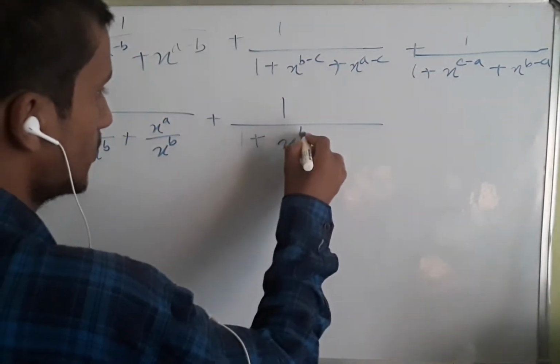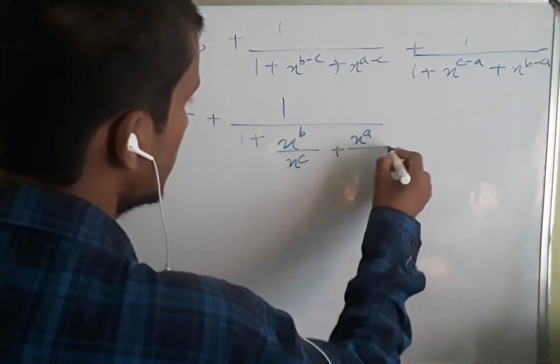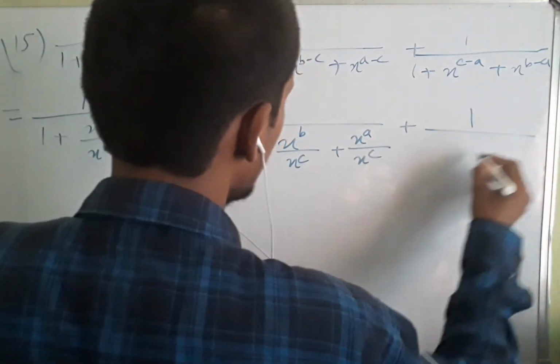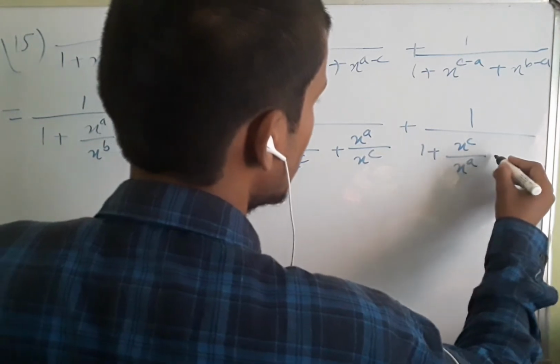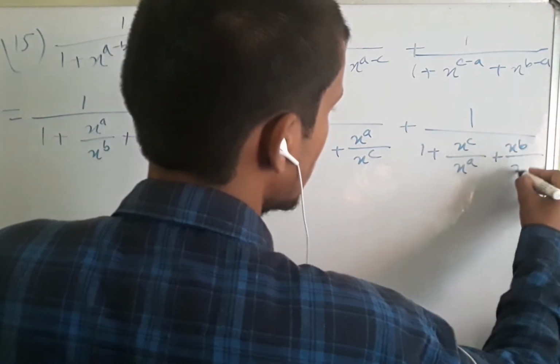x to the power b divided by x to the power c plus x to the power a divided by x to the power c plus 1 over 1 plus x to the power c divided by x to the power a plus x to the power b divided by x to the power a.